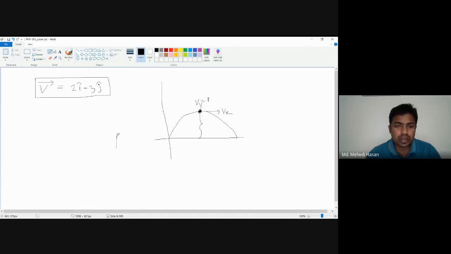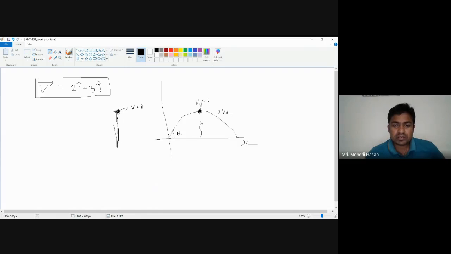Now if you throw an object in the upward direction, perpendicularly upward, in that case there is no x component, so the velocity at the highest point is 0. But if you throw an object making an angle theta with the x-axis, you have to calculate both the x component and the y component. Since the x component remains constant, at the maximum height there will be an x component.